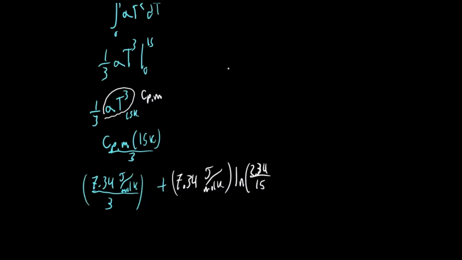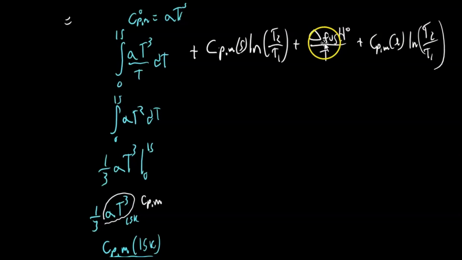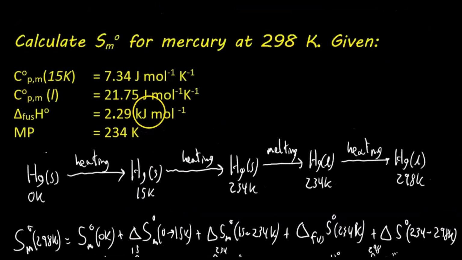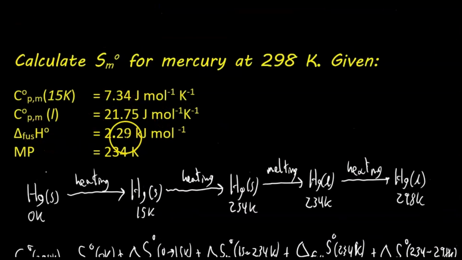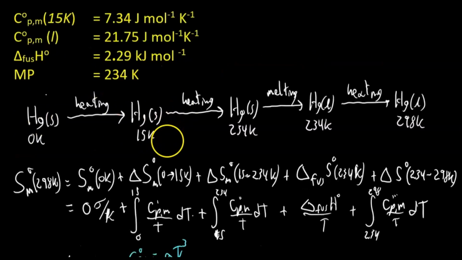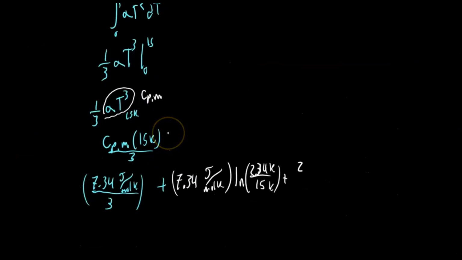234 over 15 Kelvin. Now we want to melt it, and the enthalpy of fusion is 2.29 kilojoules, so 2.29 times 10 to the 3 joules per mole. We need to multiply by 10 to the 3 because we're given this value in kilojoules, and our other terms are in joules, so everything has to be in joules, divided by temperature, and it's melting at 234 Kelvin.